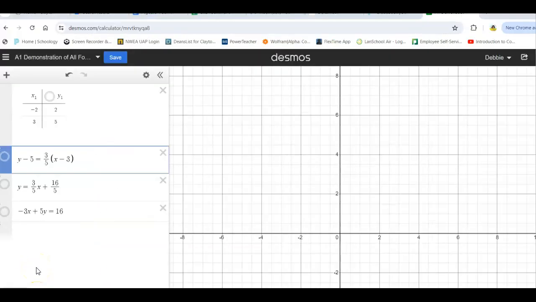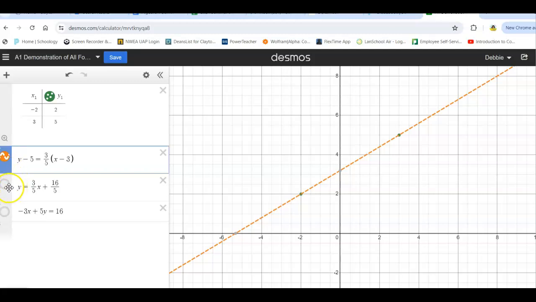Okay, really quick now. Here you see our 2 points. Okay, -2, +2, +3, +5. Okay, here's our point slope form that we found. Look where it goes. Bam, right through those 2 points.